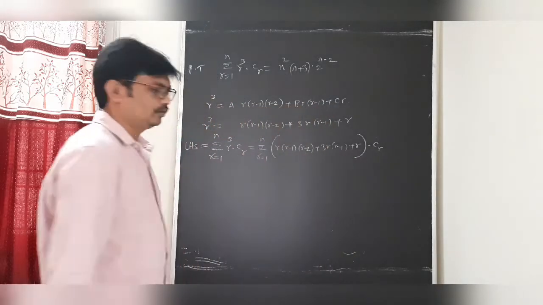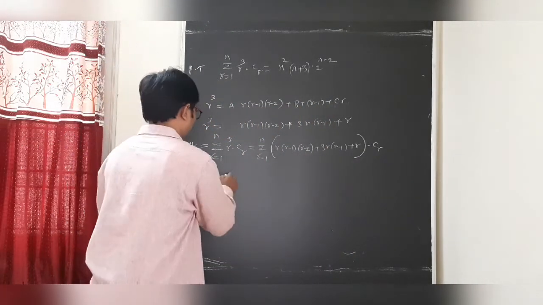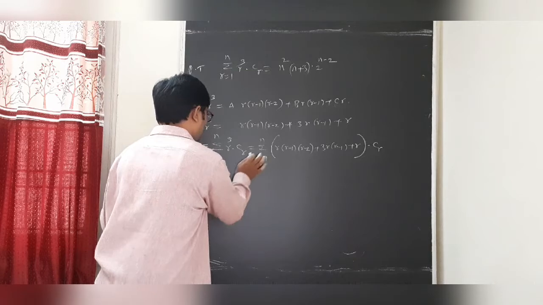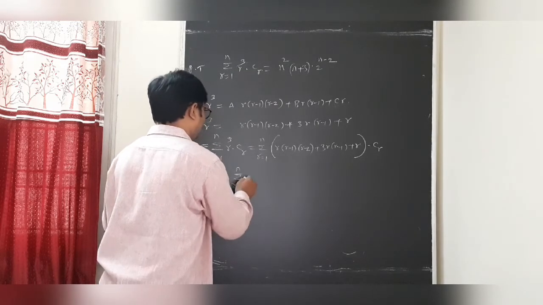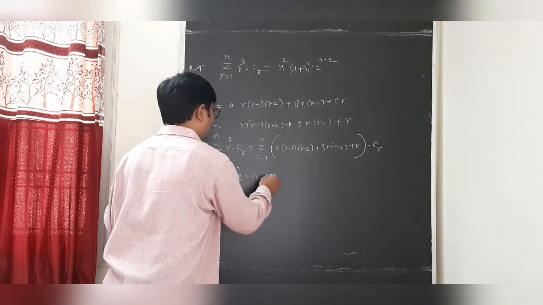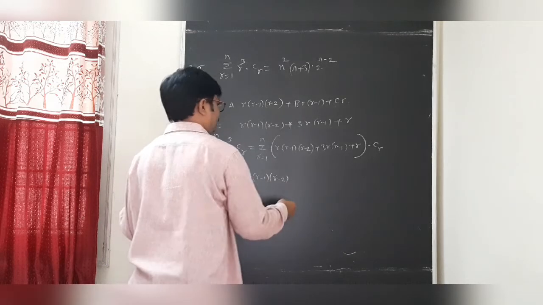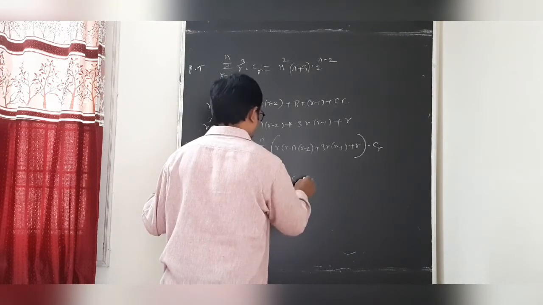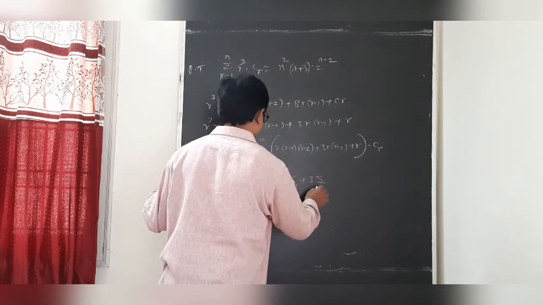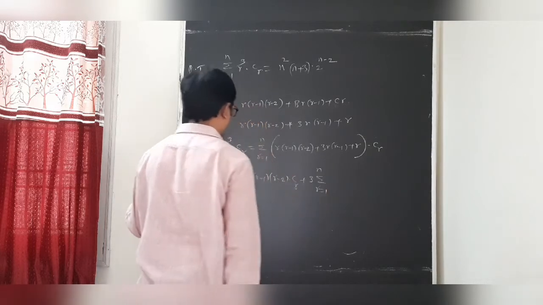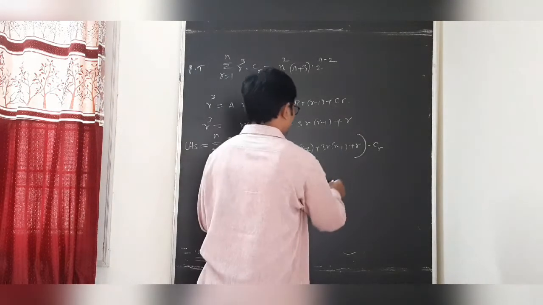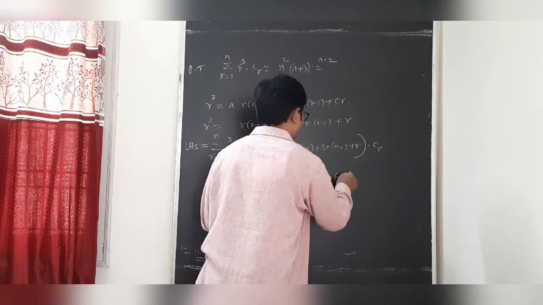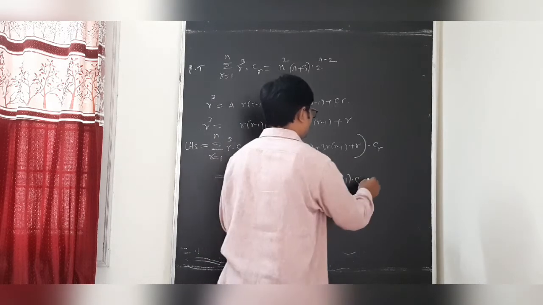Now this is sigma r equal to 1 to n r into r minus 1 into r minus 2 cr. After that sigma r equal to 1 to n, r into r minus 1 into cr.